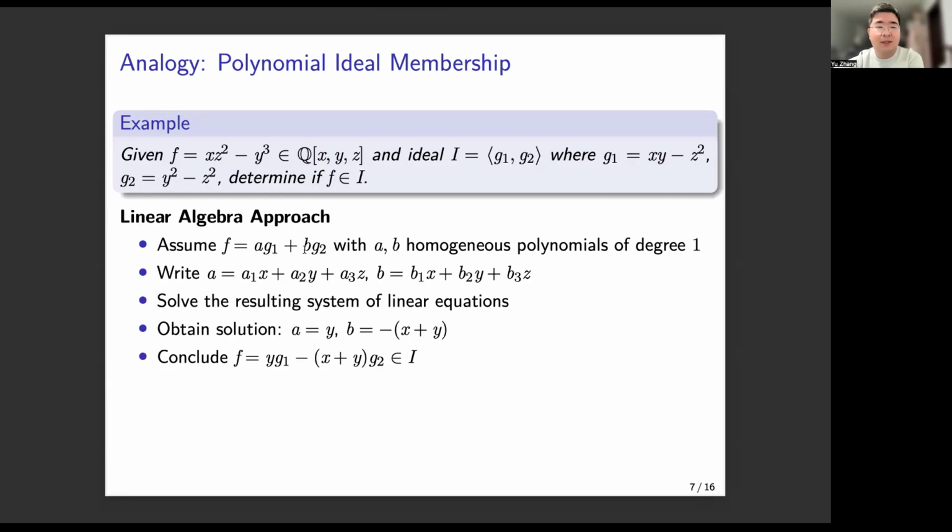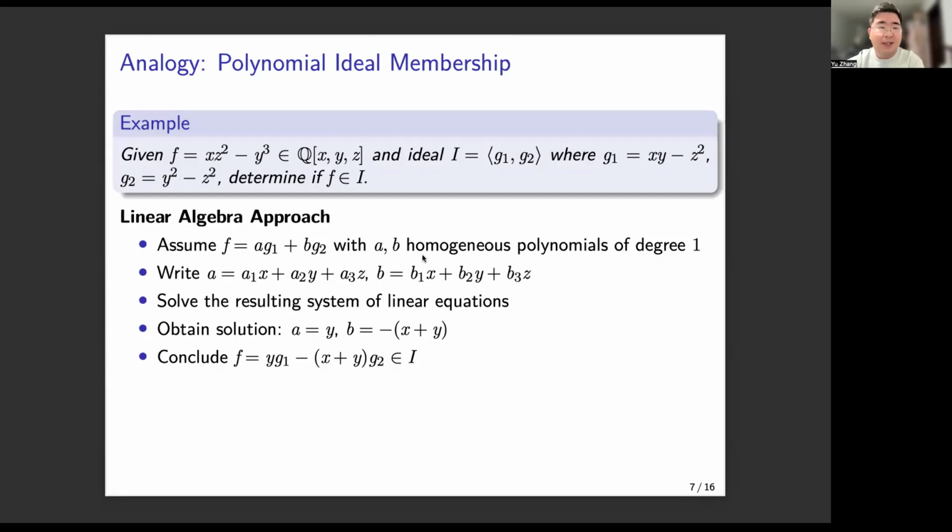And if we compare the degrees, we find f is homogeneous of degree 3, g1 and g2 are homogeneous of degree 2, so a and b must be linear polynomials. And by the way, in the actual application of our program, all of the polynomials we will encounter are homogeneous. So this is a typical situation.